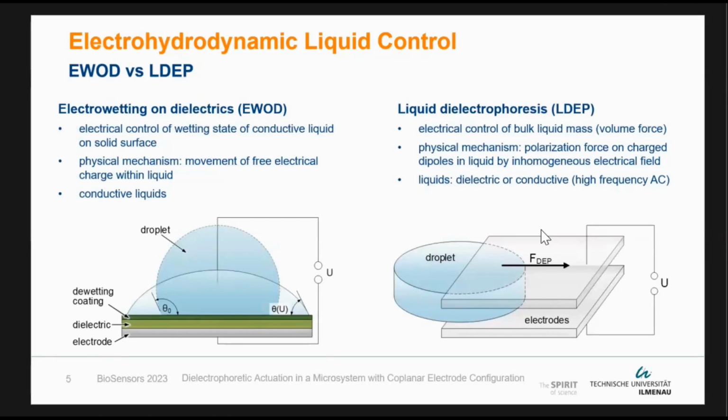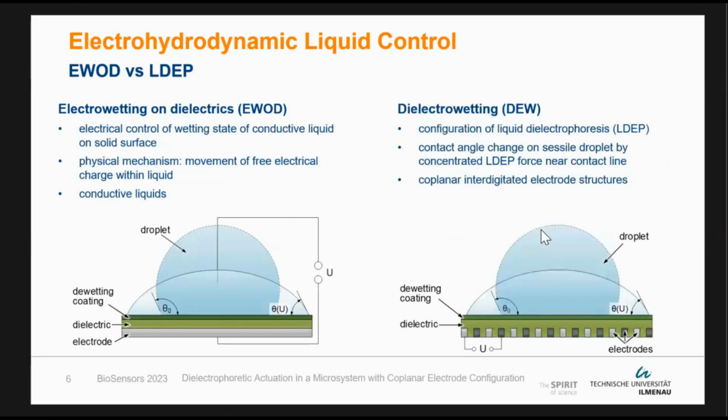So this is a volume force, so we move bulk liquid masses, in contrast to electrowetting, where we just have this surface tension change. There was a very specific configuration of dielectrophoretic forces, which is called dielectrowetting.